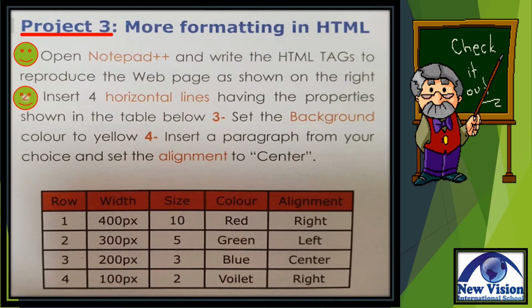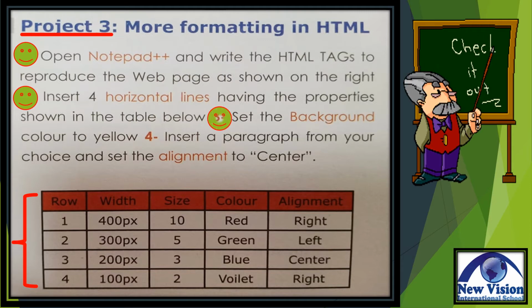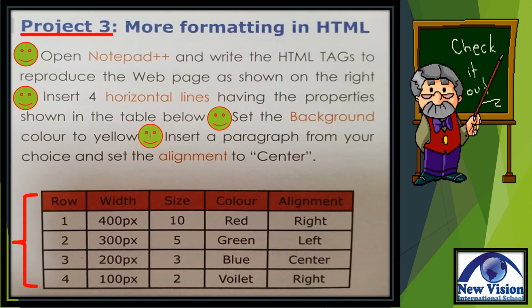You should insert 4 horizontal lines having the properties shown in the table below. Number 3. You should set the background color to yellow. And finally, for number 4, insert a paragraph of your choice and set the alignment to center.